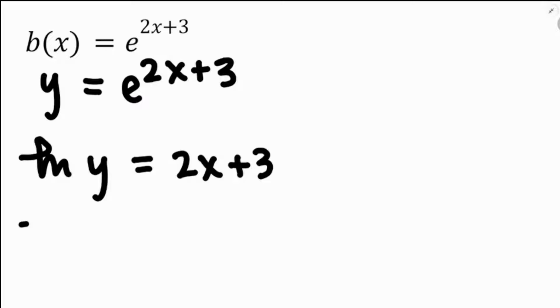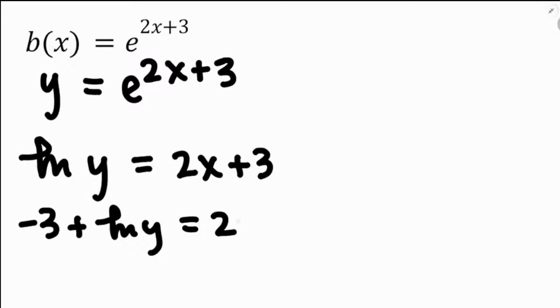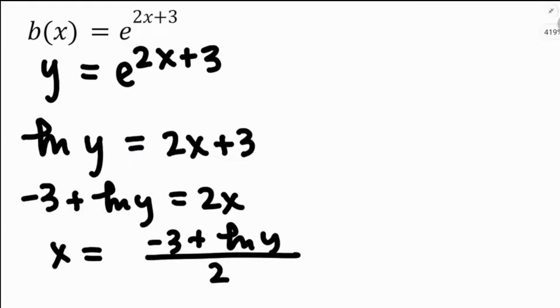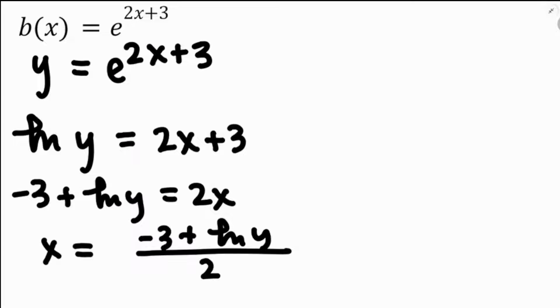Maybe I'll subtract 3 and divide by 2. So I'd say x equals negative 3 plus the natural log of y, all divided by 2. The reason why I put the negative 3 out front is because sometimes I'm bad about parentheses.